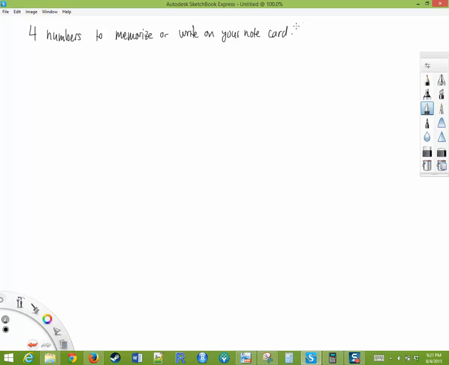Do not come crying to me next week saying you forgot to write these on your note card, because I'm telling you right now, you either need to memorize them or write them on your note card. This relates to how confident you want to be. So the confidence level matches what we call a critical value.